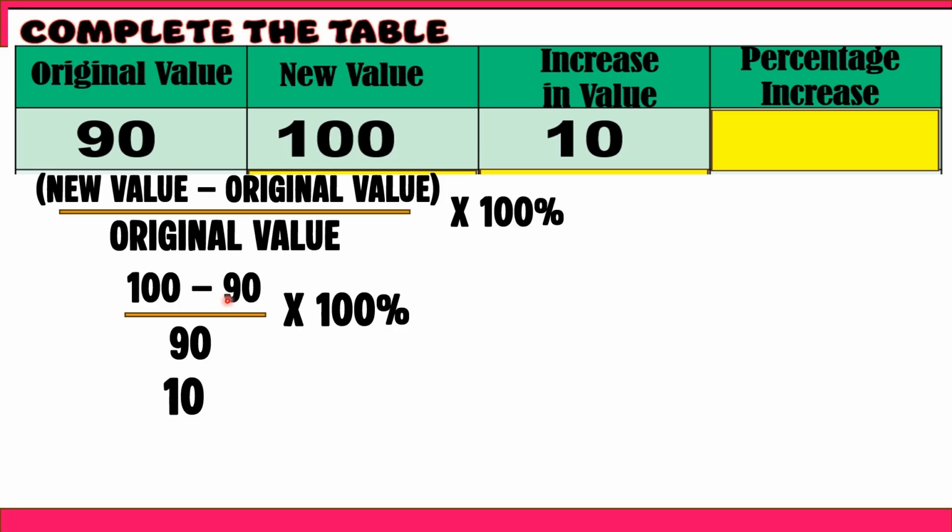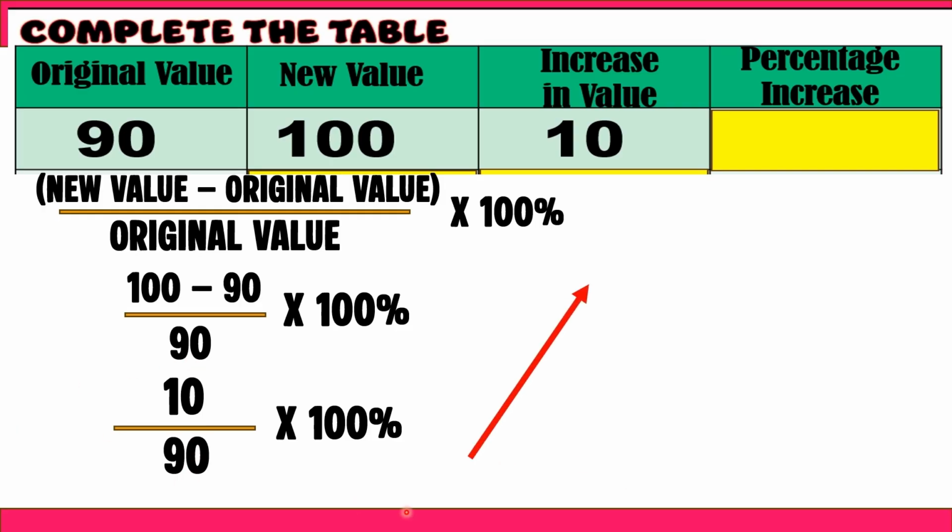Next, 100 minus 90 is 10, divided by 90. So 10 is the increase in value. Okay, 10 over 90 times 100. So 10 divided by 90 is 0.11.